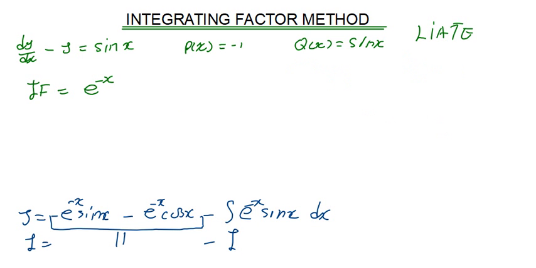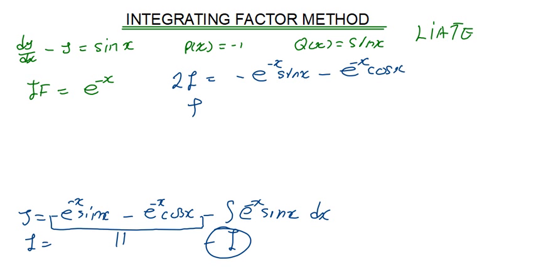So here, this is going to be when you bring the I to the other side, collecting the like terms. This is going to give you 2I equal to minus e to the minus x sine x minus e to the minus x cos x.